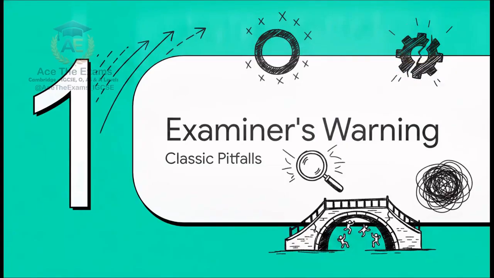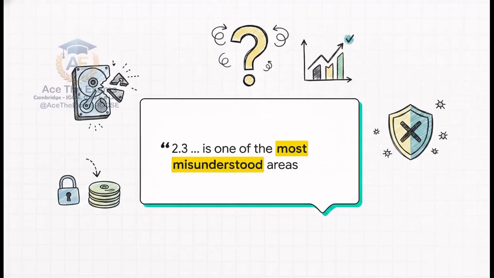To fix what Alex and Sam are doing wrong, we need to enter Section 1, the examiner's warning. To truly succeed and start seeing those green check marks on your mock exams, we have to understand the classic pitfalls that the examiners are actively looking for. I want to read this direct quote to you, straight from the source, with the authority it really deserves.